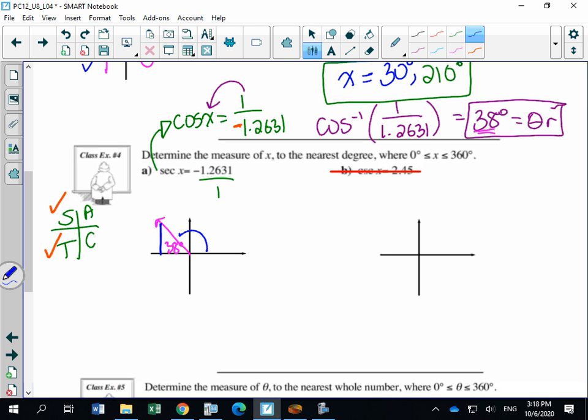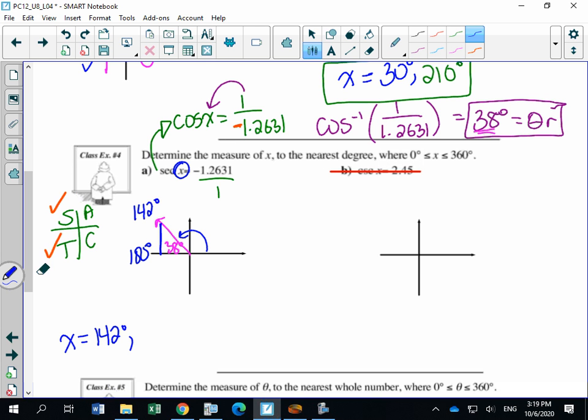They want the rotational angle. I know that the rotational angle is going to be 180 degrees minus 38 degrees, and you would get 142 degrees. So one of my answers for x is going to be angle 142, right? Because remember that these are angles there.